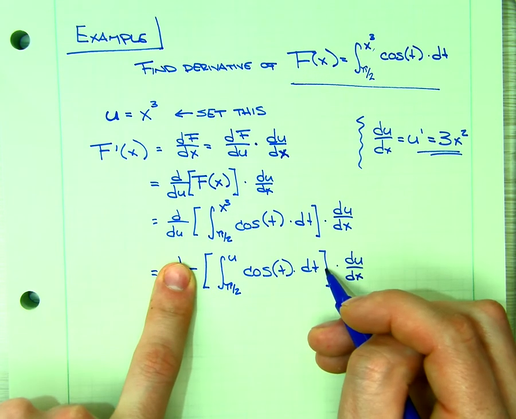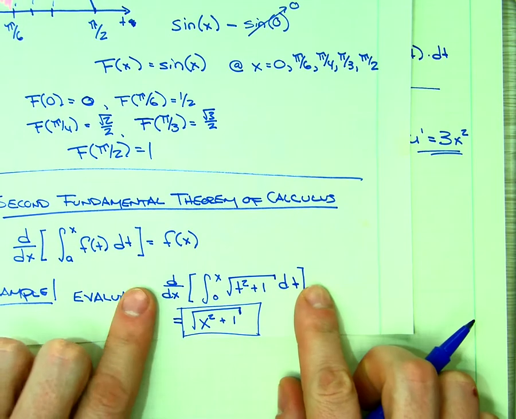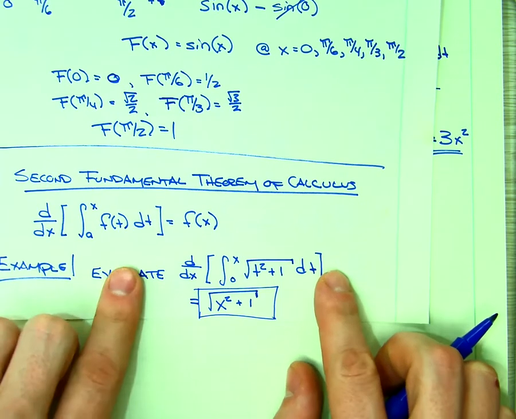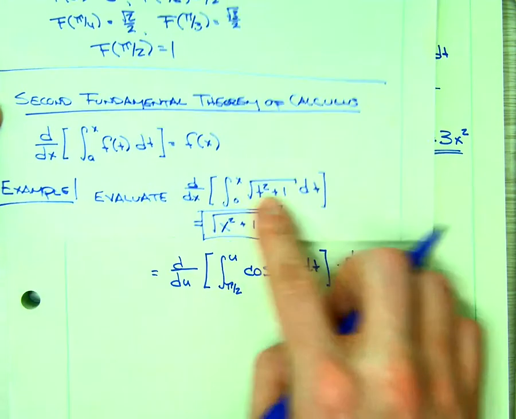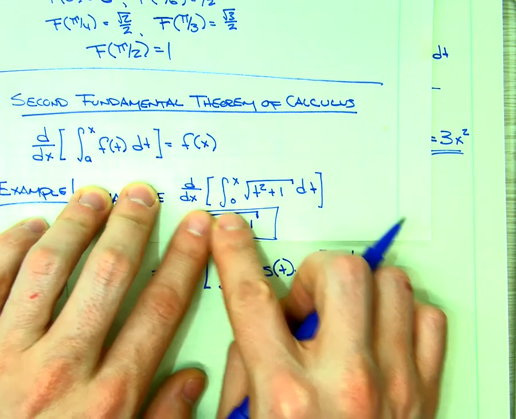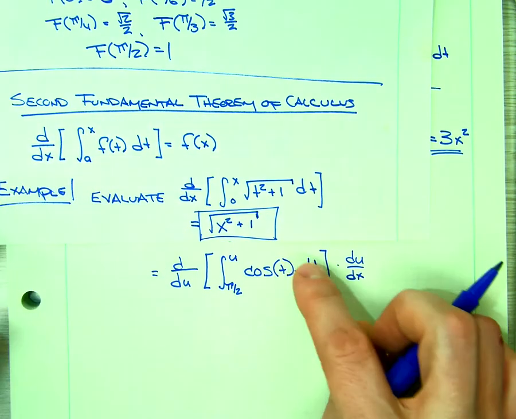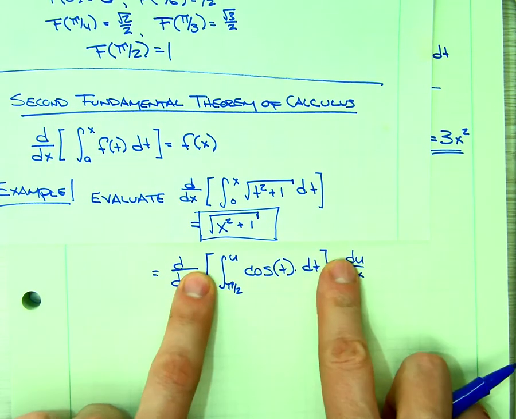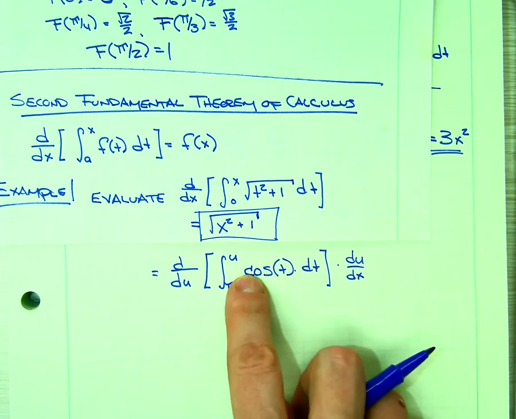And sure enough, this thing right here, this is going back to my second fundamental theorem of calculus. So I've got this thing right here. This is exactly what we just wrote down. If I take the derivative of something, right? So let me do sort of a side by side. If I take d dx of something in terms of t, and it's got an x in the interval, sure enough, I can just rewrite the entire function in terms of u.